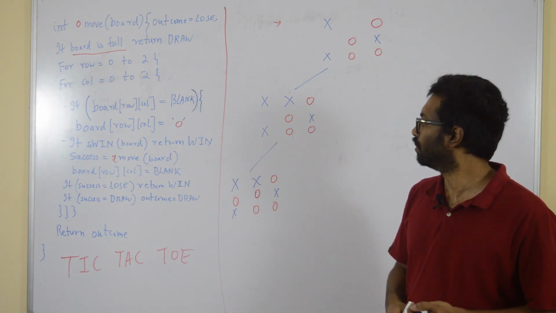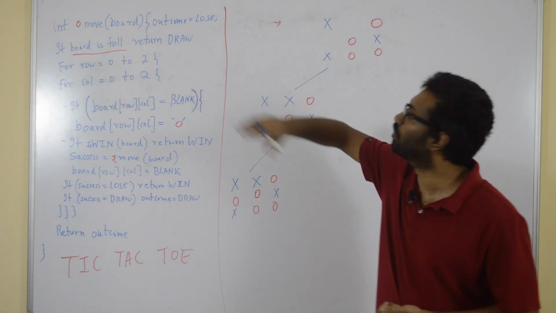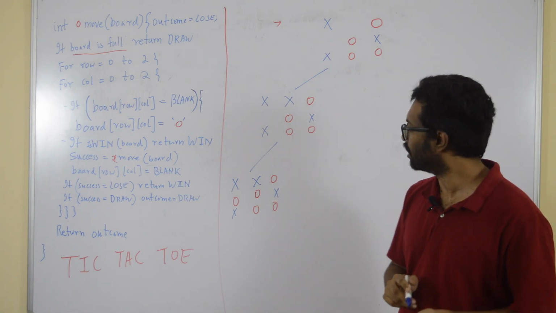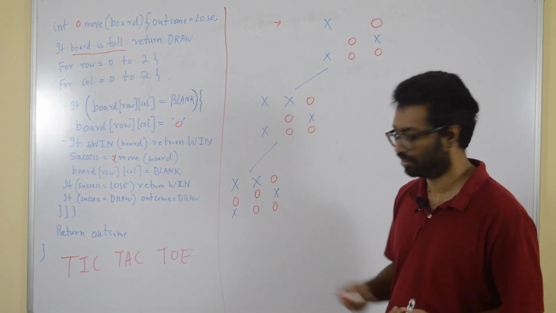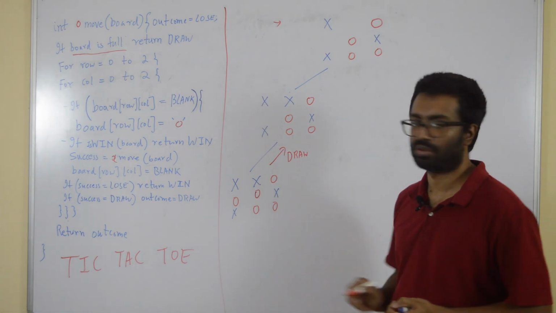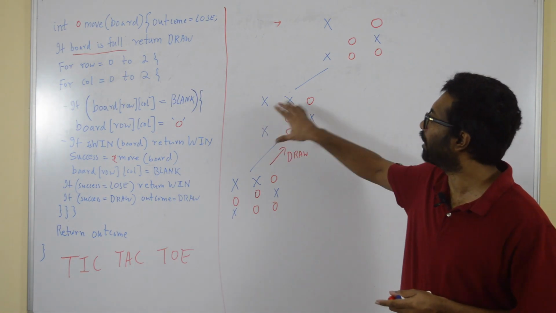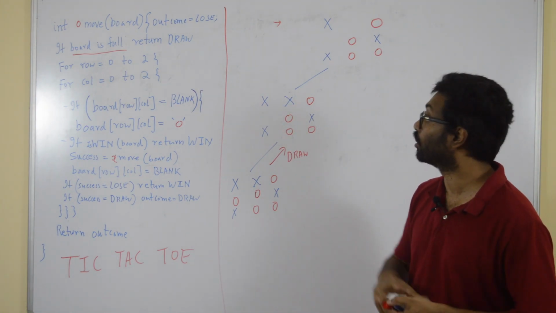Right. Now it comes here, can X move, it comes here and the board is full. So what will this return? Now the X move is going to return draw, right? Okay. And now we are back to O move's board position.